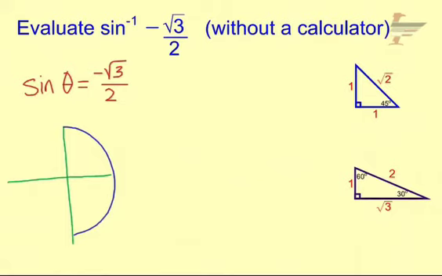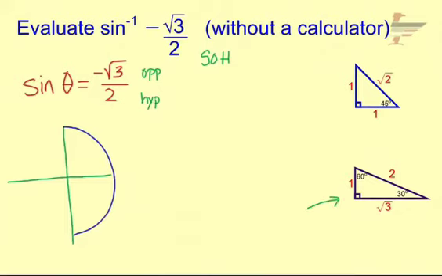So now that we know where the angle could be coming from, let's take a look at what we know. We know that sine of theta is a negative root 3 over 2, and if we want to approach this from SOHCAHTOA, our sine is defined as the opposite side over the hypotenuse. So if we come over here and look at our two special right triangles, is there a triangle that has first a root 3 and a 2 in it?